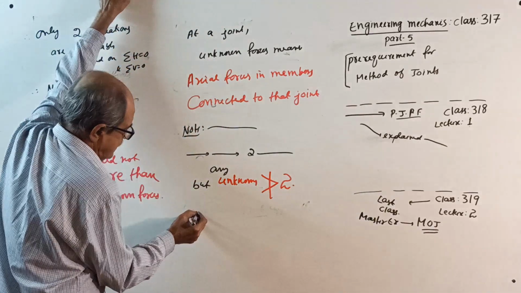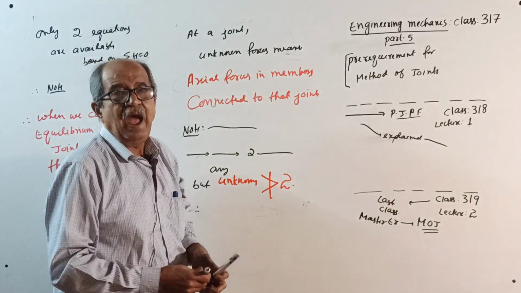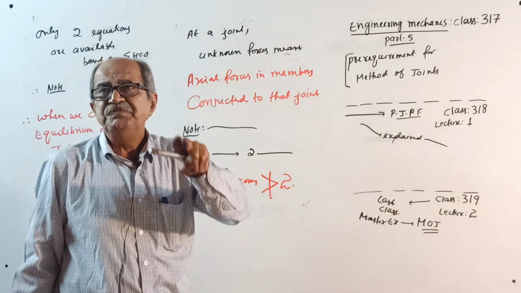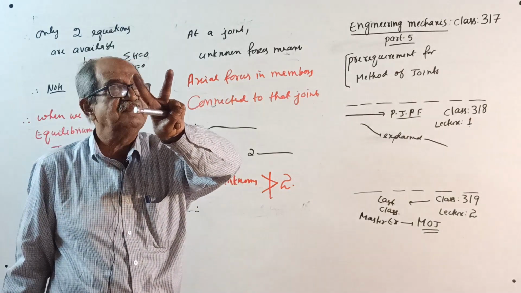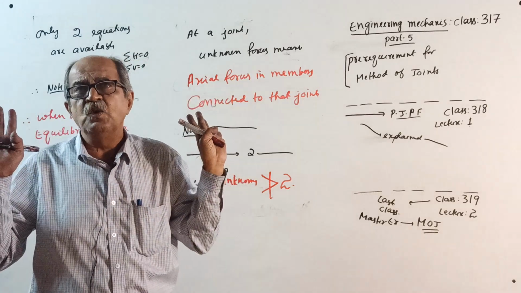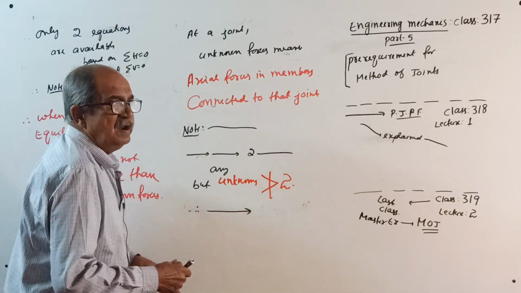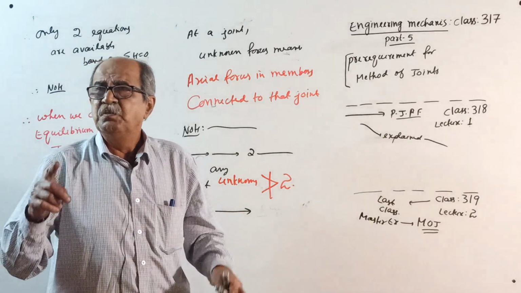Therefore, when you consider a joint, if there are only two members there, both can be unknown.